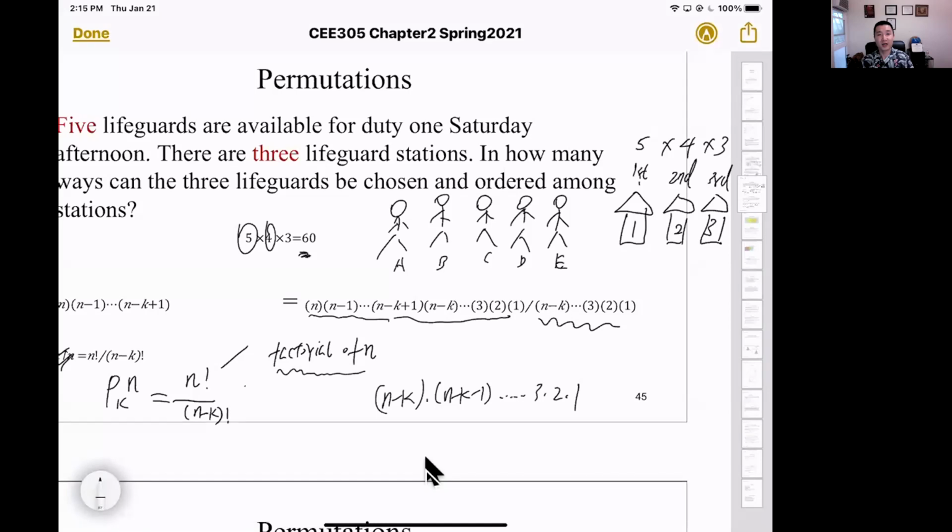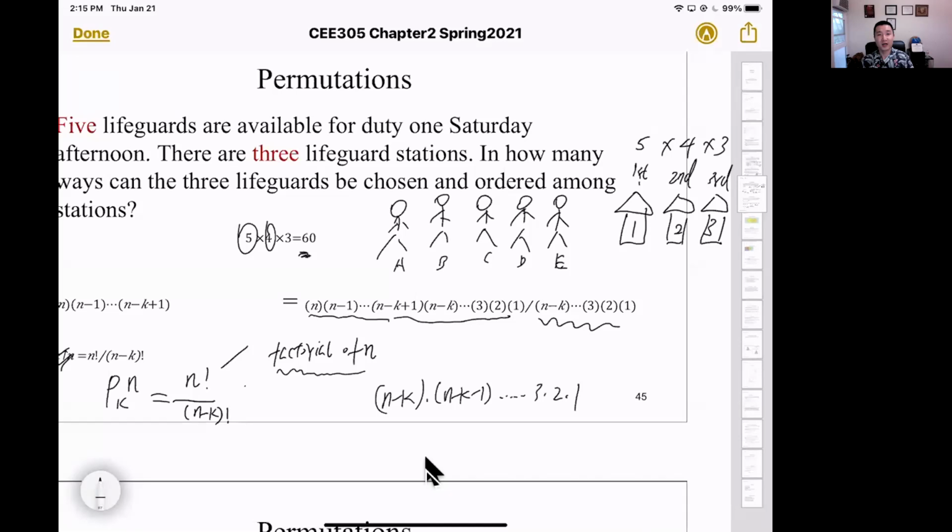If we pick 3 lifeguards from these 5 and assign them to 3 same stations, then the order will not matter, and we cannot use permutation.